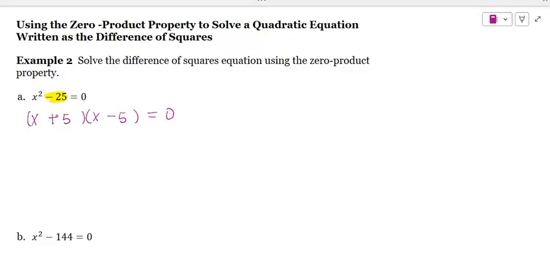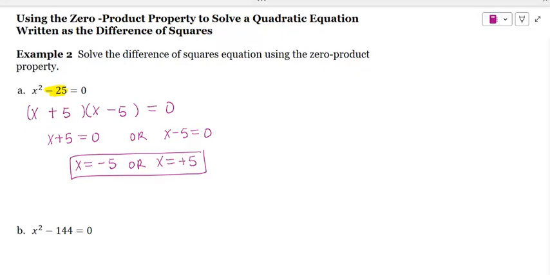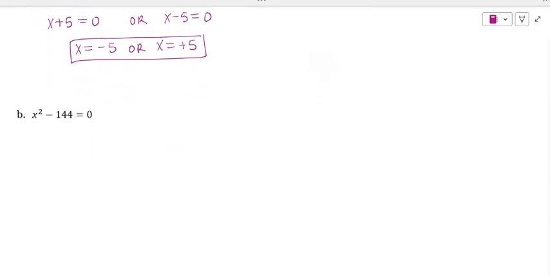The zero product property tells me that I can split this up into two separate equations. So for my solutions, I'm getting that x is equal to -5 or x is equal to +5. For example B, x squared minus 144 factors into x plus 12, x minus 12.